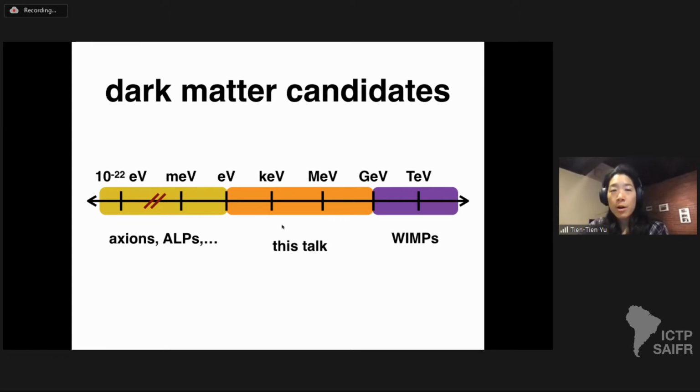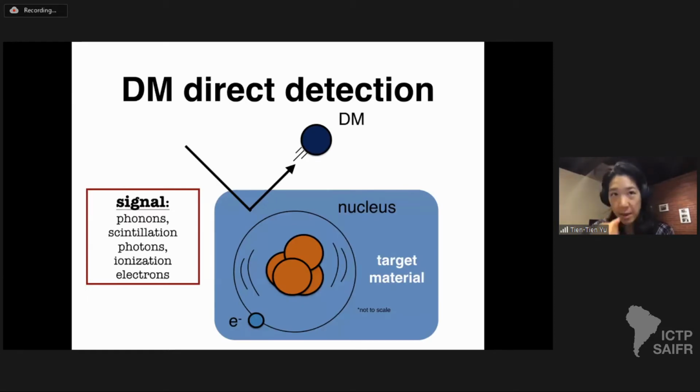And one way to look for dark matter in this mass range is to use direct detection. So, a flash overview of direct detection. The basic idea of direct detection, I probably don't have to explain too much to you all, is that you have a detector with some target material, which I've indicated here in blue. And this target material sits somewhere underground in a nice and quiet spot.